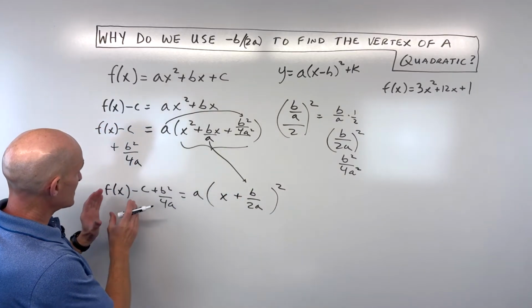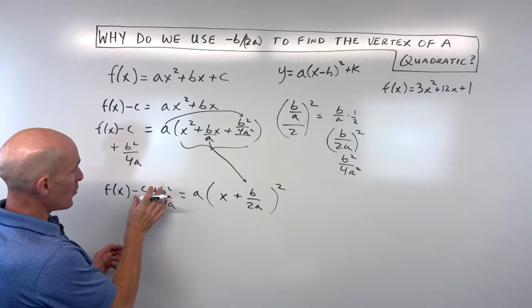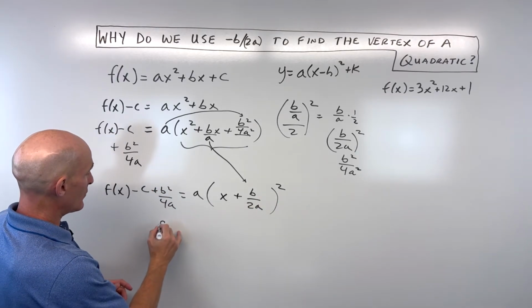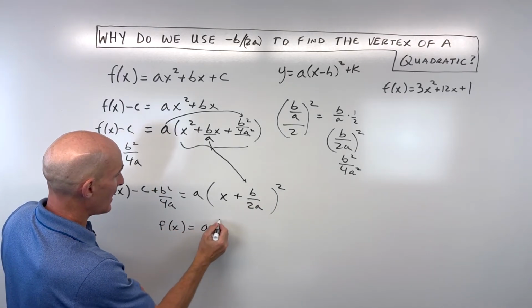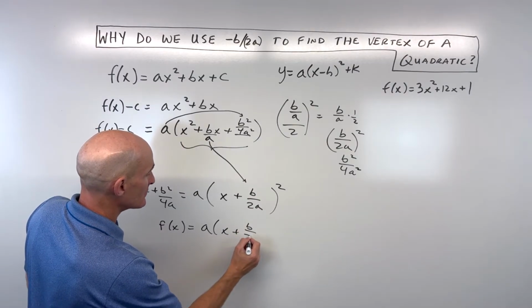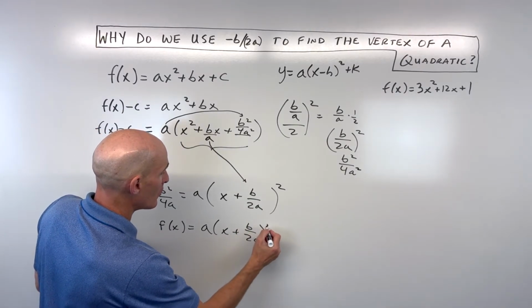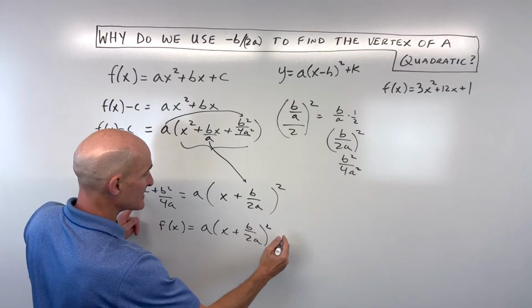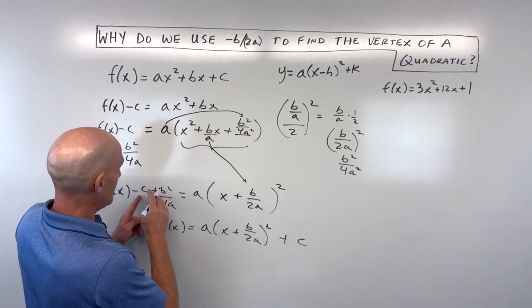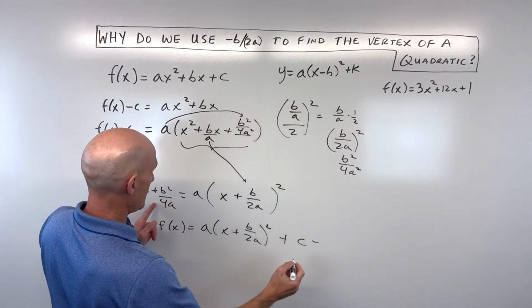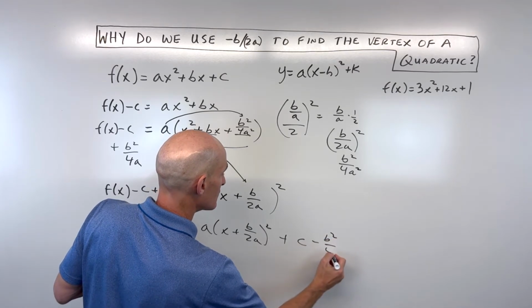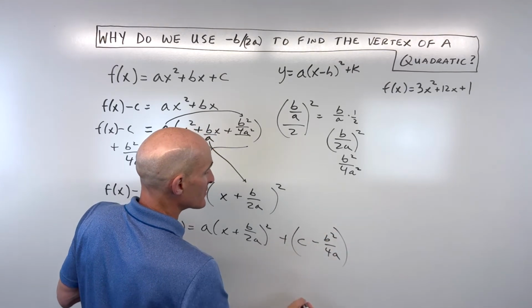Now the last step is to get f of x by itself by adding this quantity here to the other side. So if we do that, we get f of x is equal to a times x plus b over 2a, the quantity squared. I'm going to add c, and I'm going to subtract b squared over 4a. I'm just going to put that in parentheses, treat it like a group.